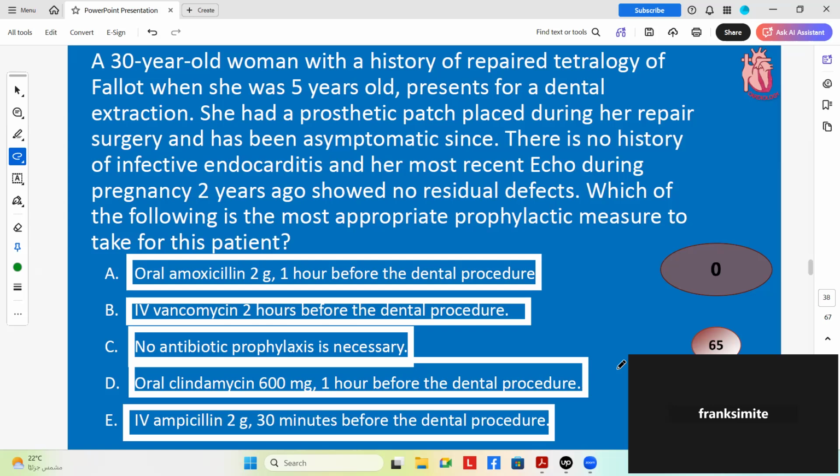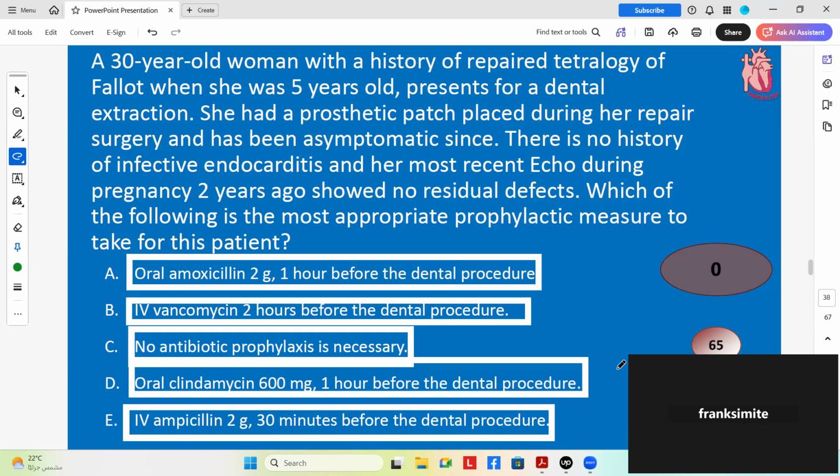So we have a 30-year-old woman with a history of repaired tetralogy of Fallot when she was 5 years old. So it's basically already endothelialized. She presents for dental extraction. She had a prosthetic patch during her repair surgery and has been asymptomatic since. There's no history of infective endocarditis. The most recent echo during pregnancy 2 years ago showed no residual defects.